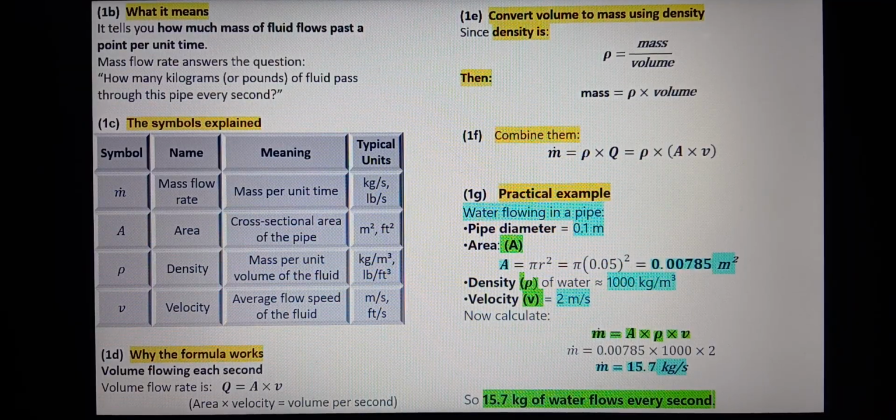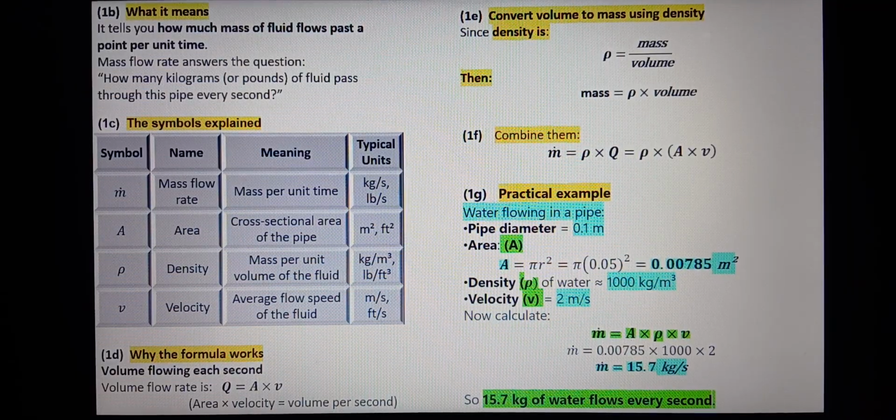Practical example, water flowing in a pipe. Pipe diameter is 0.1 meter. The area equals pi r squared, which equals pi times 0.05 squared, which equals 0.00785 meters squared. The density rho of water is equal to 1,000 kilograms per cubic meter.